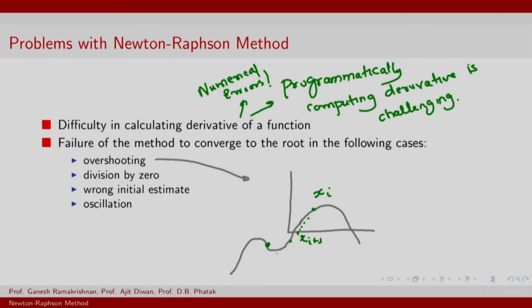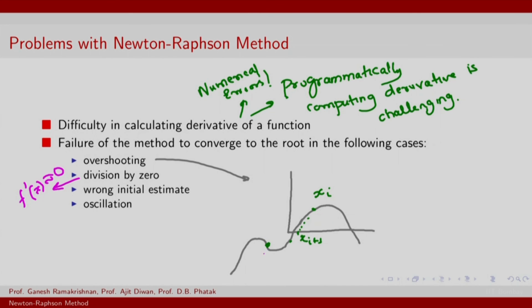There are also other possibilities. Your f' itself might become very small, in which case you will end up dividing by 0. The division by 0 is when the derivative is close to 0. You can have wrong initial estimate, that is xi which is here.